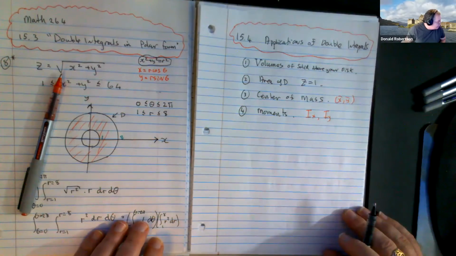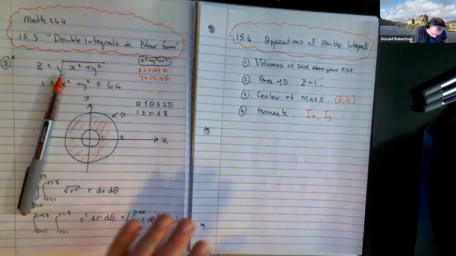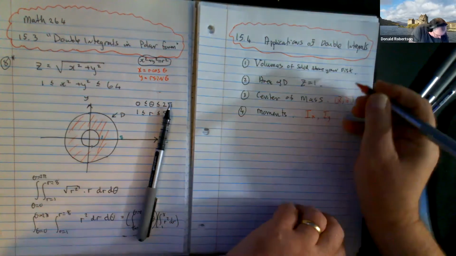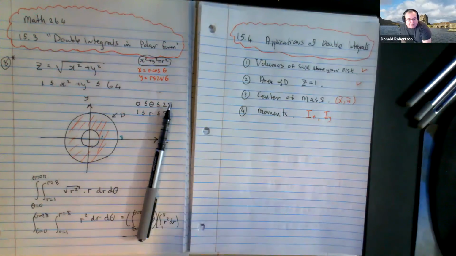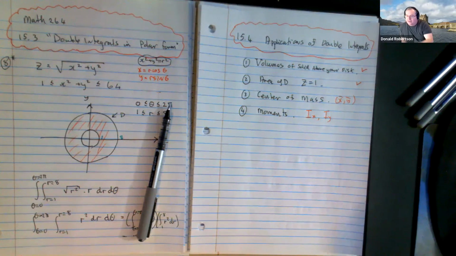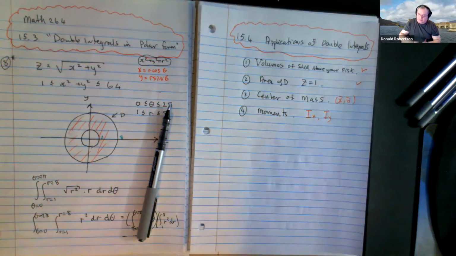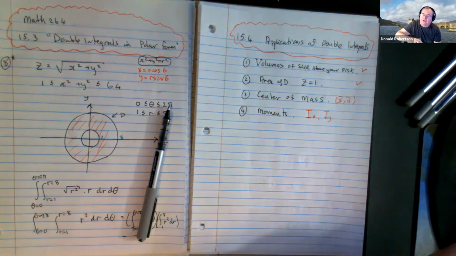So we want to find these things out. Well, let's cross off some of the applications that have already happened. Aren't most of the double integrals we are doing the volume of a solid above a region D? If you have a region D and the function z is the surface on the top, when you do the double integral, one way of looking at it is you've essentially found the volume of that object.